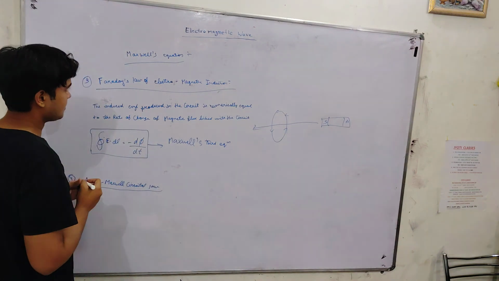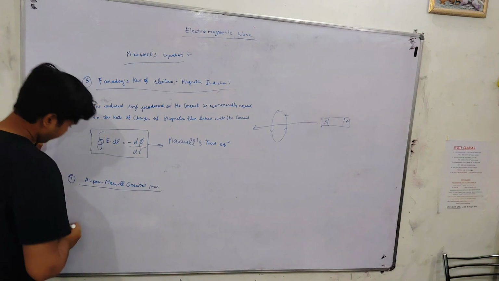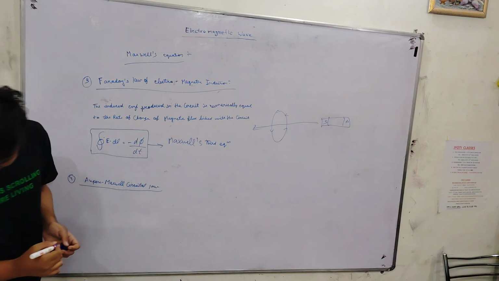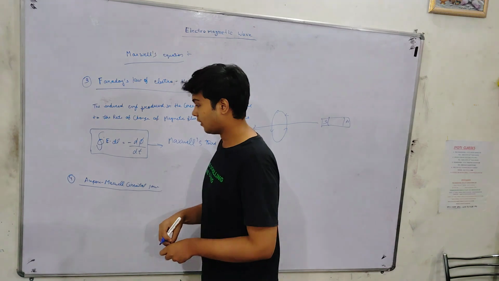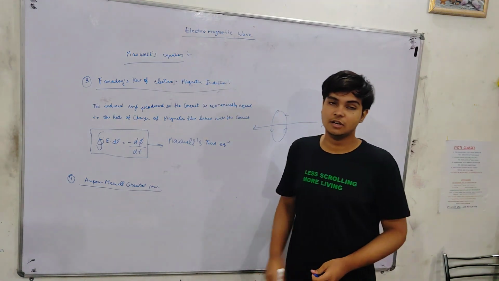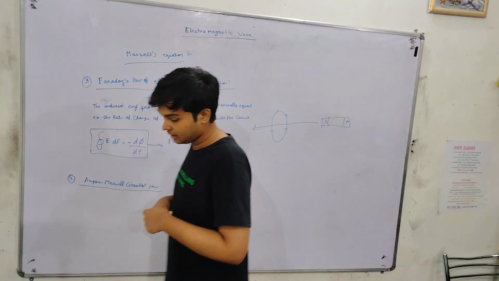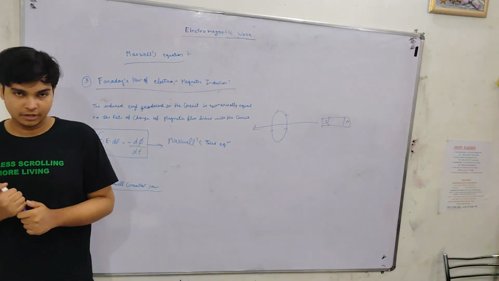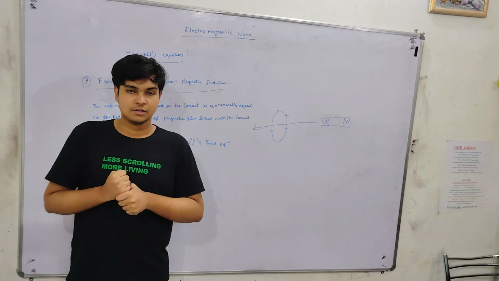This law states that the line integral of the magnetic field B along a closed path is equal to mu naught times the current passing through the closed path.